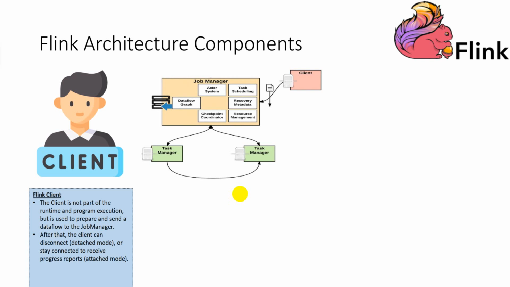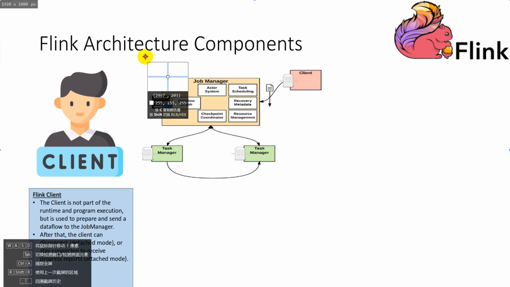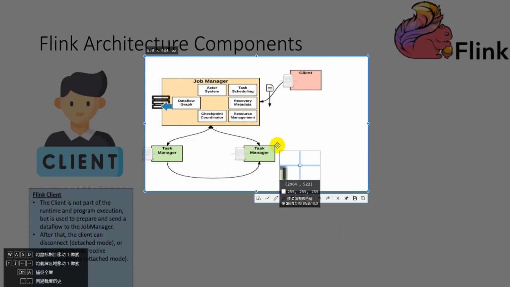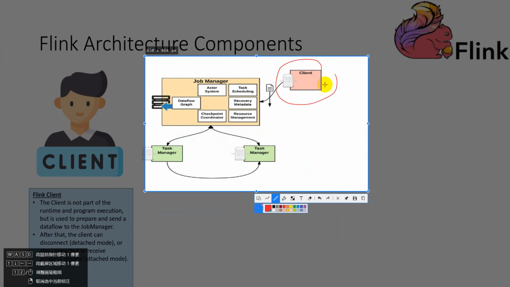Job manager. The job manager provides a number of functions, as you can see here. It transforms the job graph into an execution graph, the data flow graph, for eventual execution. It provides the scheduler to schedule the tasks.